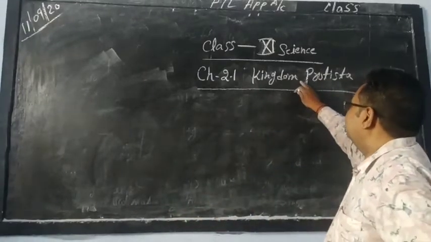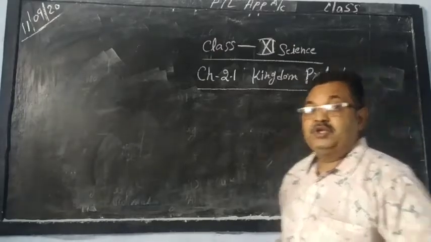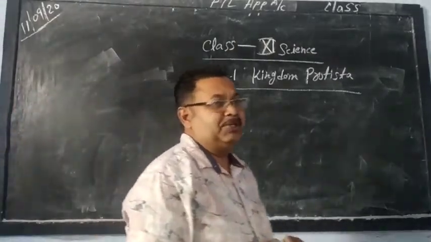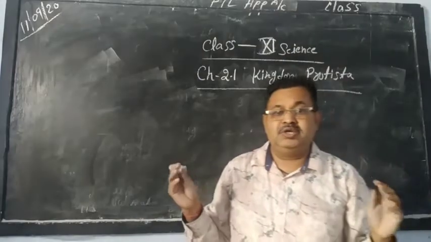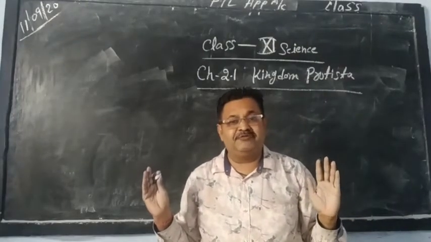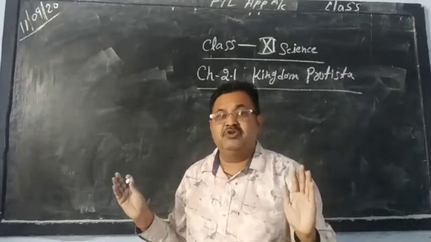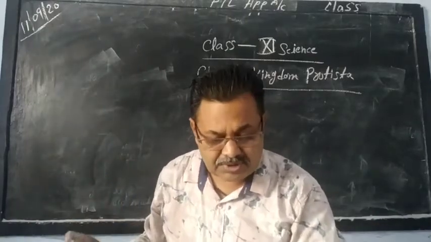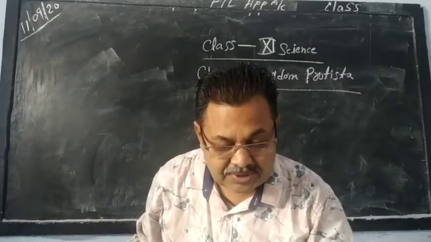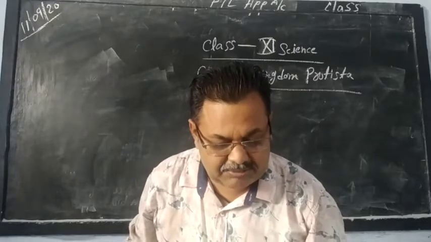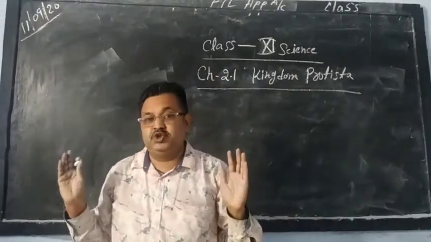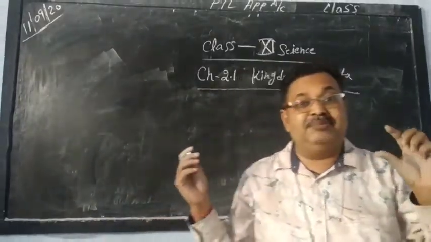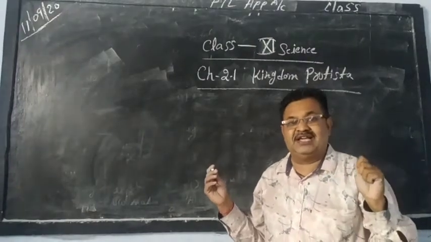Now, in this system, Kingdom Protista, you know, protist is a Greek word which means primary. So, in Protista, we study the primary organisms, meaning they are unicellular organisms with a primary or prokaryotic cell.